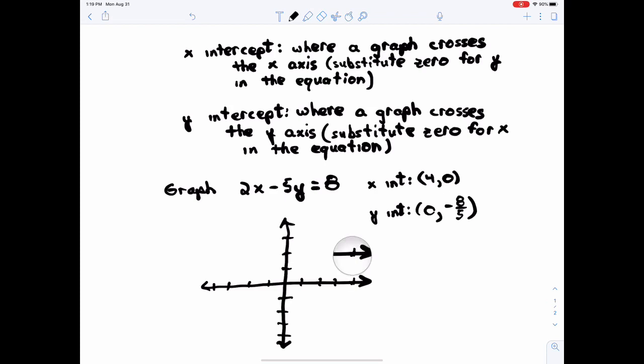Then (0, negative 8/5). Just eyeball it as best you can. Okay, so that will be negative 1 3/5, which is right about there. And then draw your line, and just draw it as best you can.